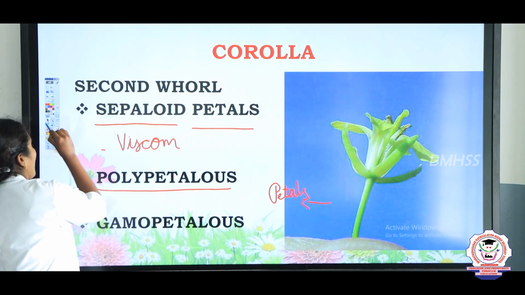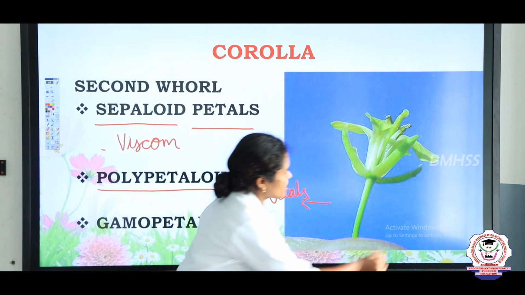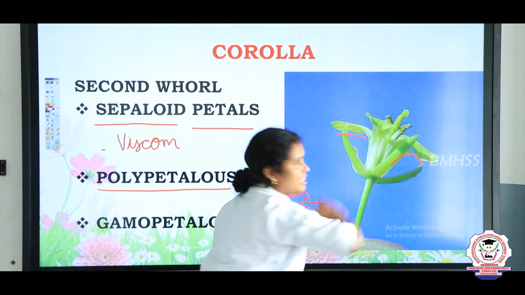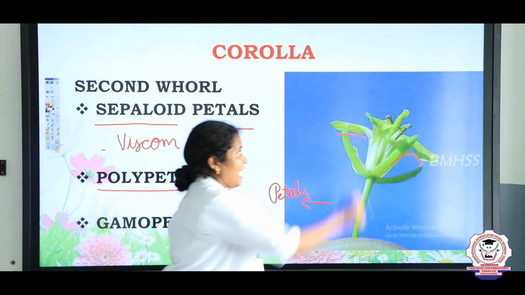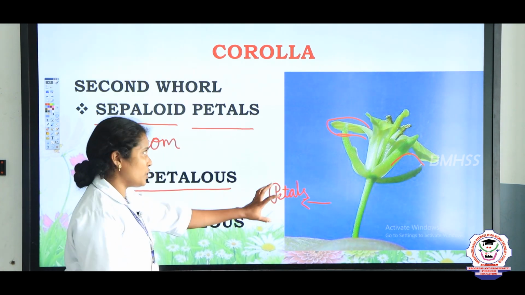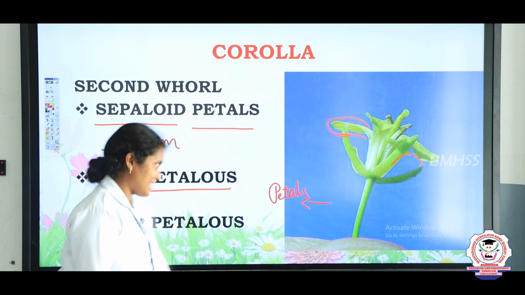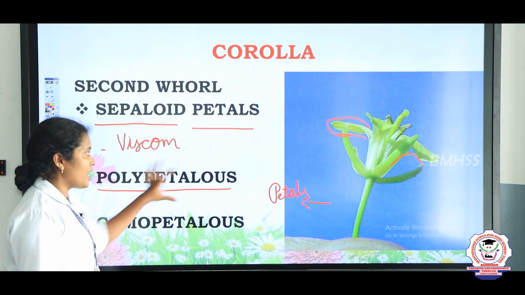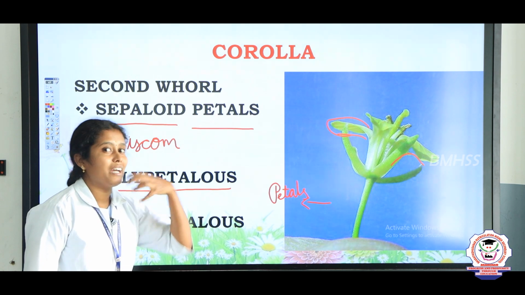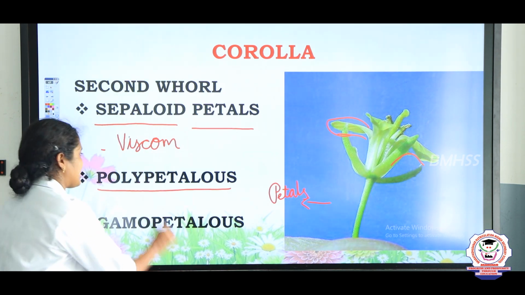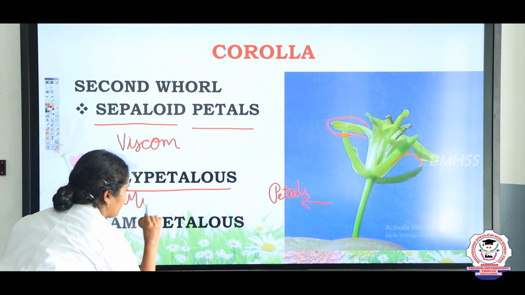See how they are arranged. These are the petals and they are arranged free in nature. So mustard flower is the example of polypetals. What is meant by polypetals? The petals are free in nature, they are not fused together. So the example is mustard flower.